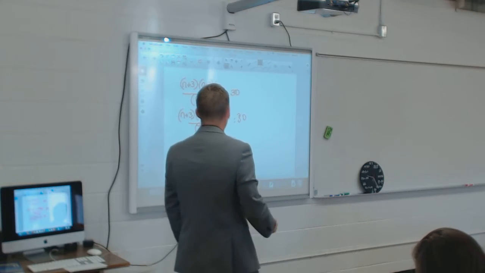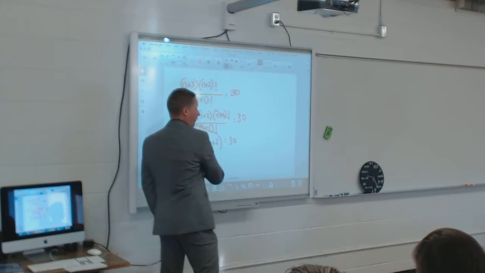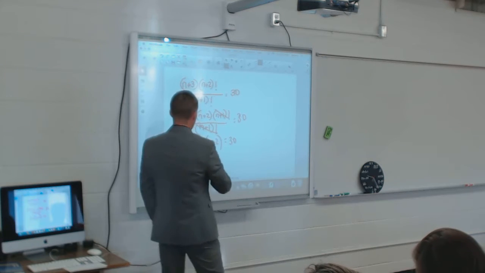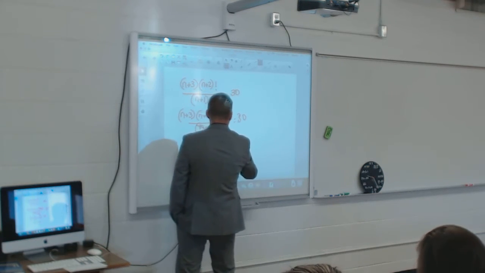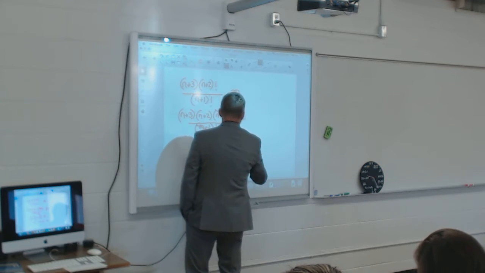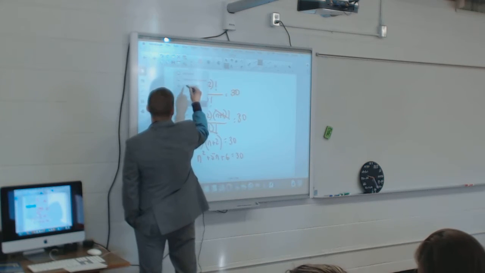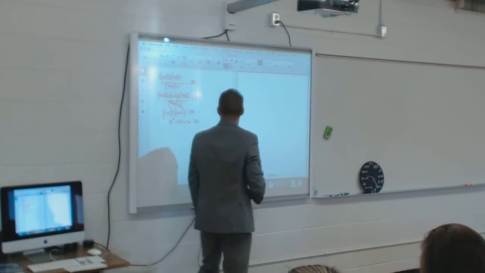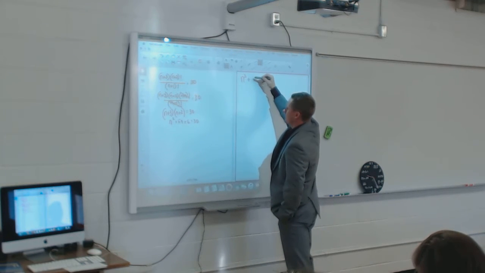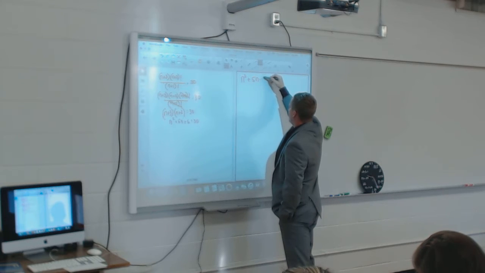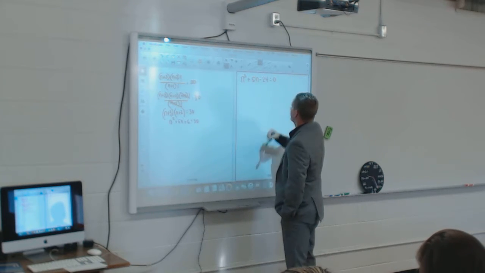Okay? So here's what I'm going to do. I'm going to FOIL this. N squared plus 5n plus 6 equals 30. Subtract 30: n squared plus 5n minus 24 equals 0.